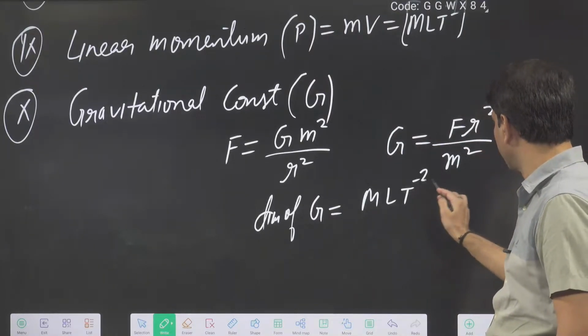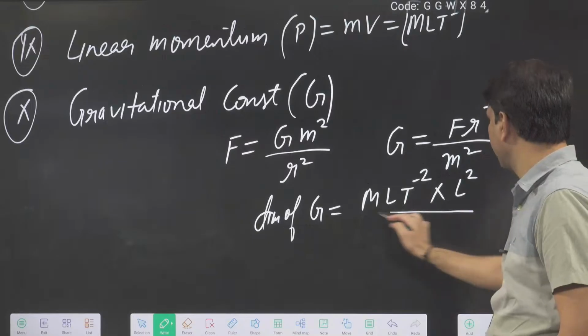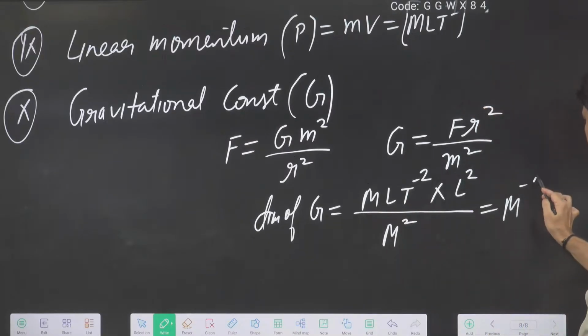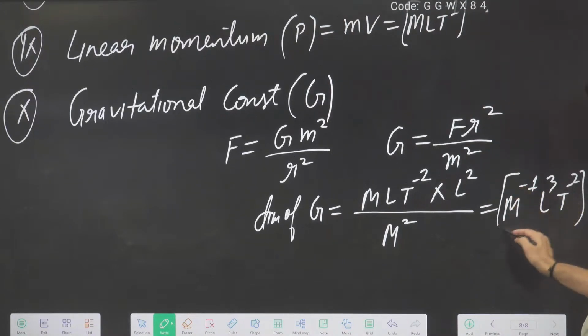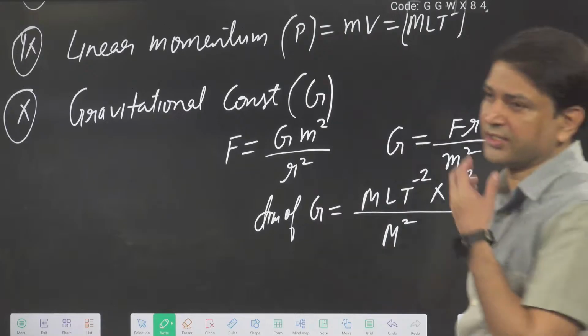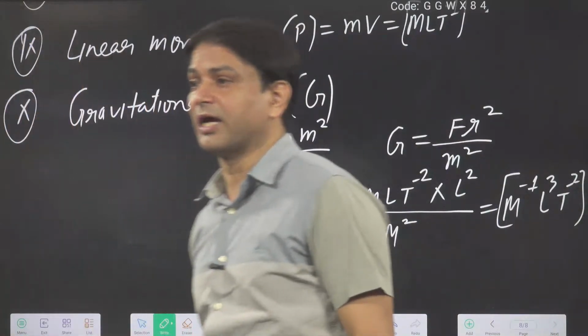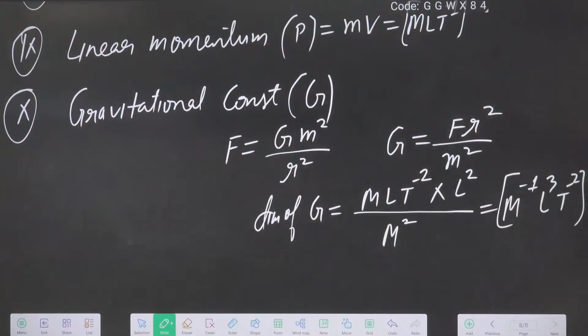R square means L square, upon M square. Then what we got? M minus 1, L 3, T minus 2. This is the dimension of the capital G that everybody has to remember. M minus 1, L 3, T minus 2. I will show some problems later, means how we can use this dimension and get the answer fast. Okay.